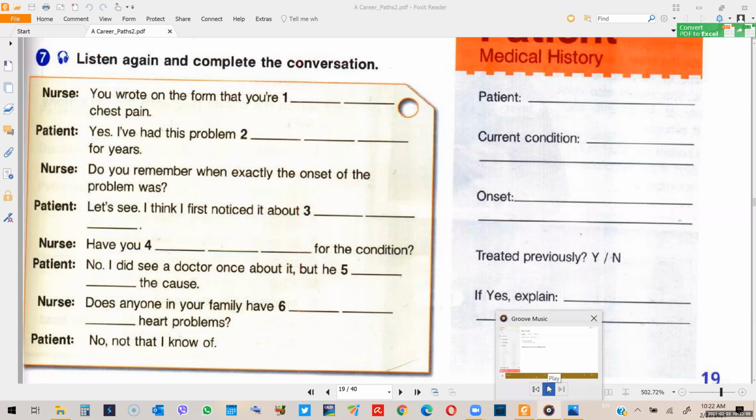You wrote on the form that you are suffering from a chest pain.